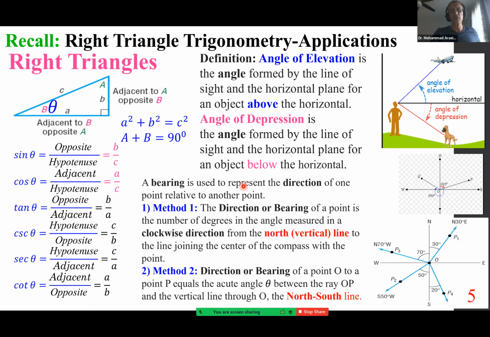Then the concept of a bearing or a direction: you either use just the north side and go clockwise, or you look at the north, south, and the acute angle between them and the point of interest. In this case, for example, P1 is 30 degrees from north, so we say north 30 degrees east, and so on.